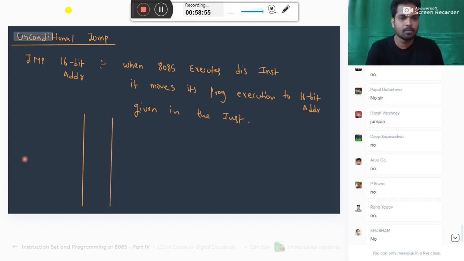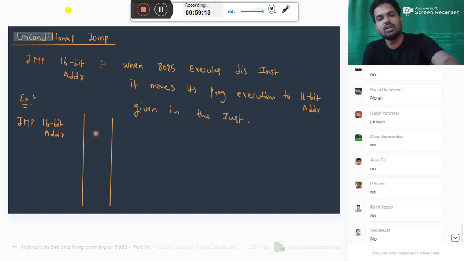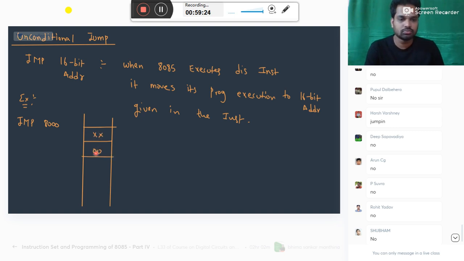For example, see here. Let's say jump, no condition is there. Jump, that's all. Blind jump. Let's write that address, say 8000. The machine cycles are opcode fetch and memory read.